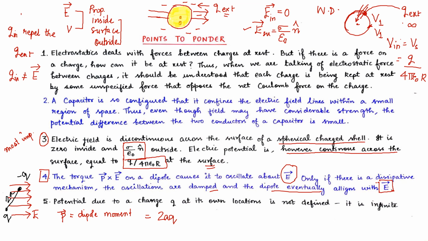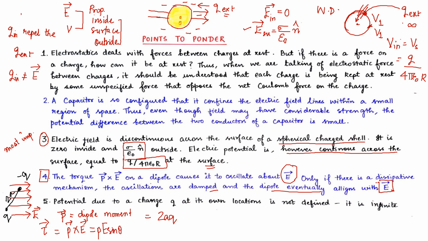Then from this interaction of electric field and the dipole moment of the dipole, we can find the torque. Torque again is a vector quantity and written as P cross E, which can be expanded as PE sine theta.